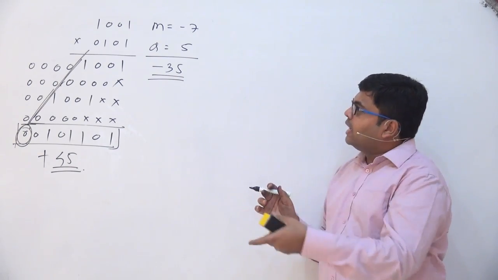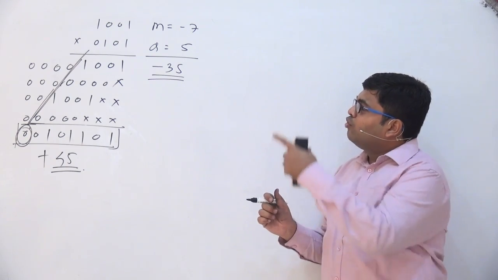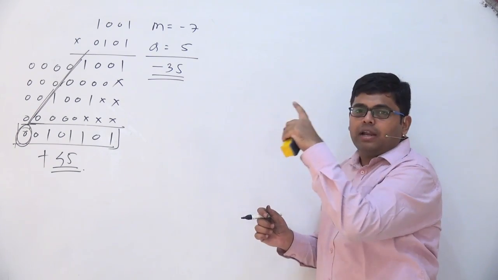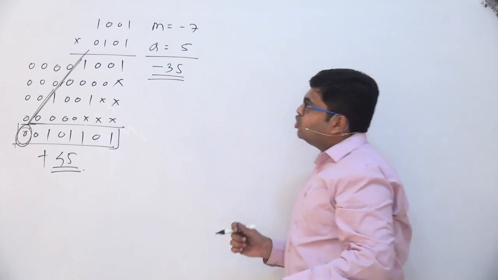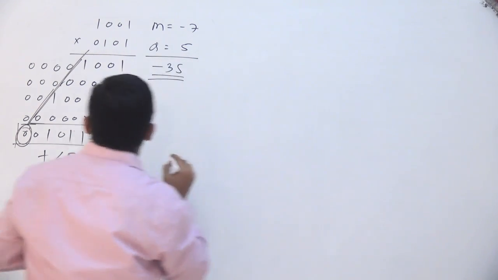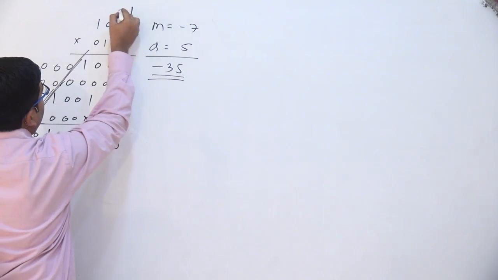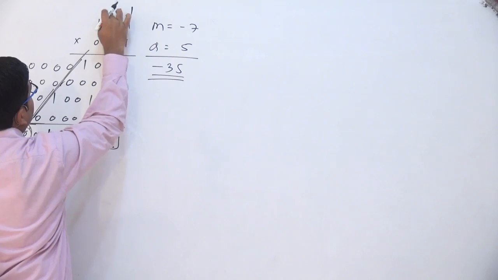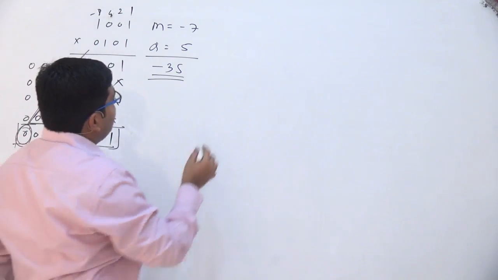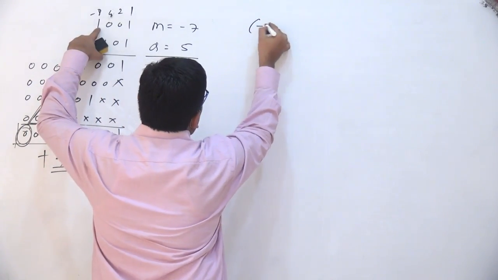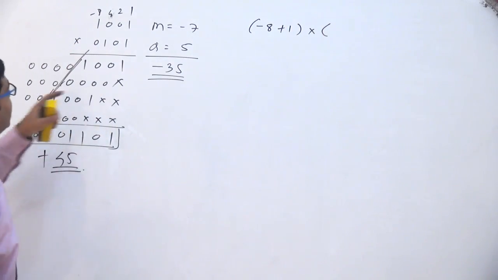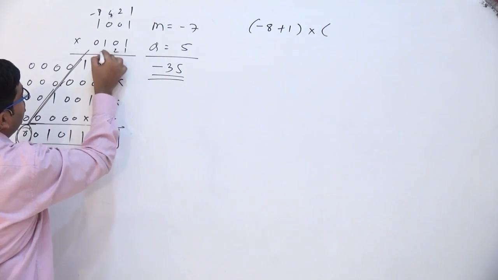Before doing the analysis, we will expand both the multiplier as well as the multiplicand. So this 1 0 0 1, let us see what that 1 0 0 1 means. Here the place values are 1, 2, 4 and minus 8, and therefore we are multiplying minus 8 plus 1 with, here the place values are 1, 2, 4.